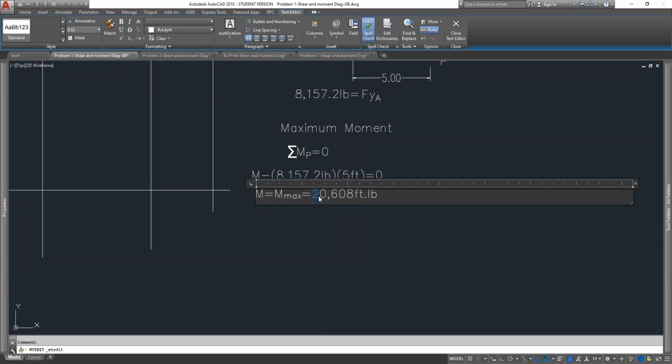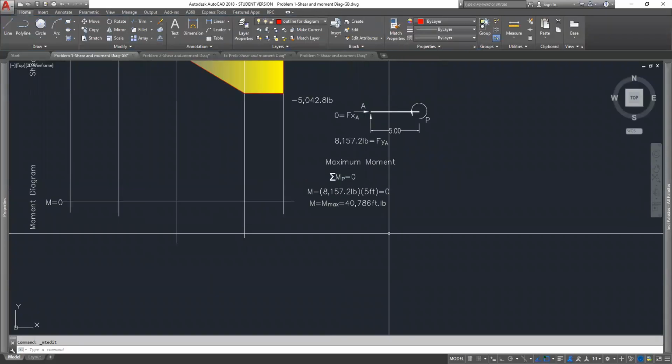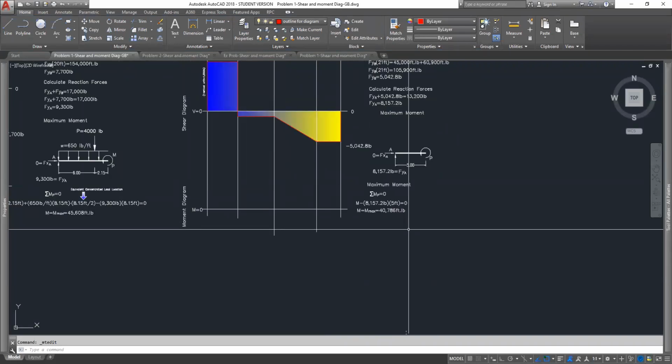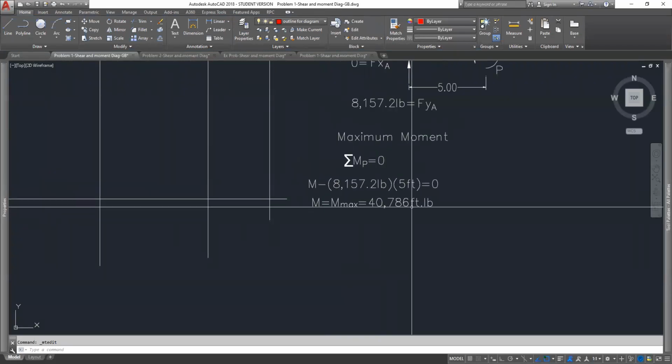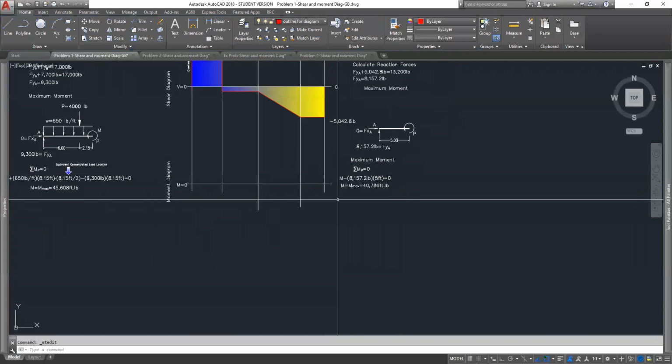No, 40,786. That's with the decimal. It's just 40,000, 786. Point anything? Nope. Okay. So it's 40,786 foot-pounds located at that point.